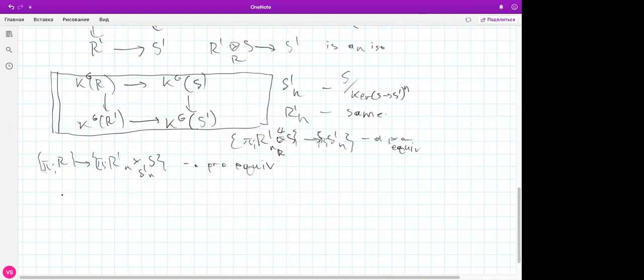So the statement: K G. I should have used different sites. K G R.